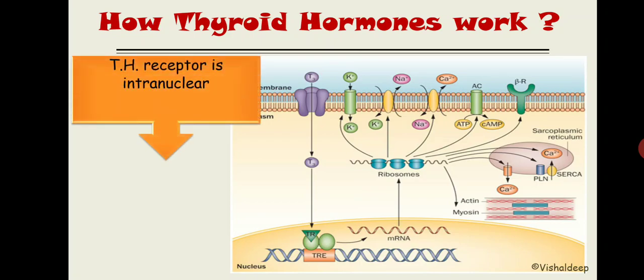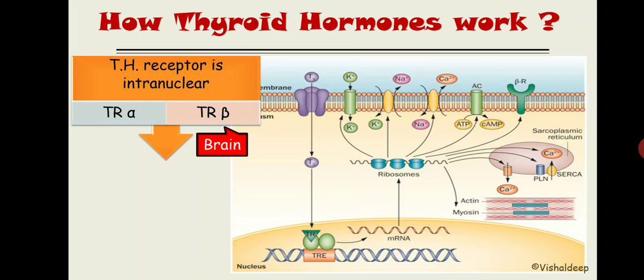Thyroid hormone receptor is intranuclear and this thyroid receptor is basically of two types, alpha and beta. Now this beta is specifically designed for the brain and the alpha receptor is present all over the body. So that might be asked in MCQ, TR beta will be present where, right?